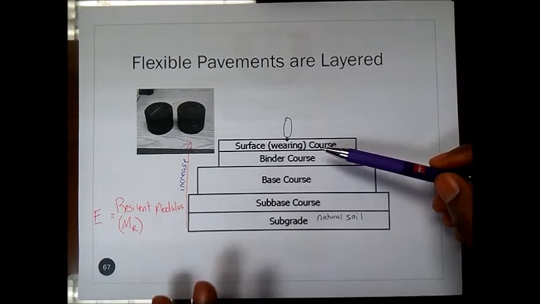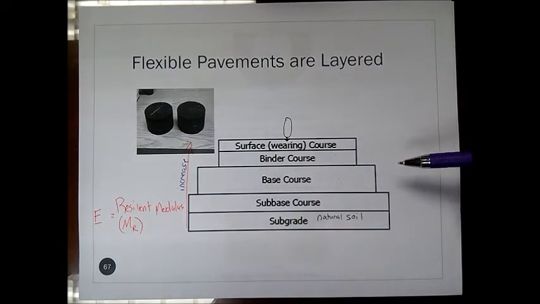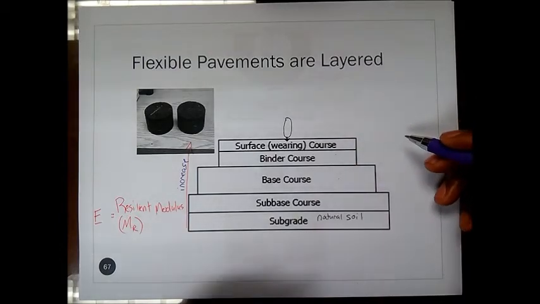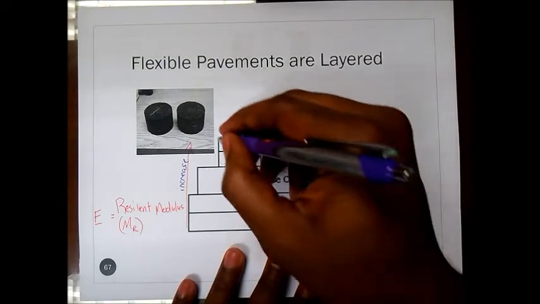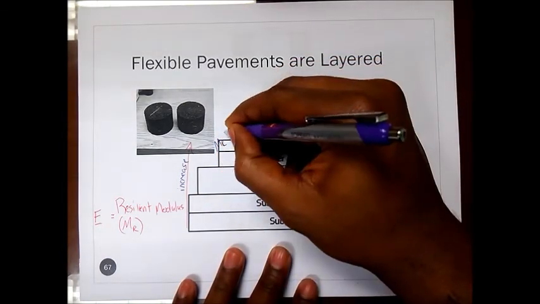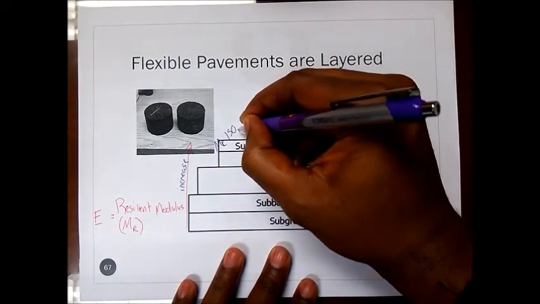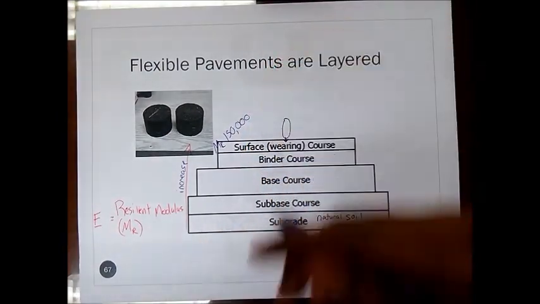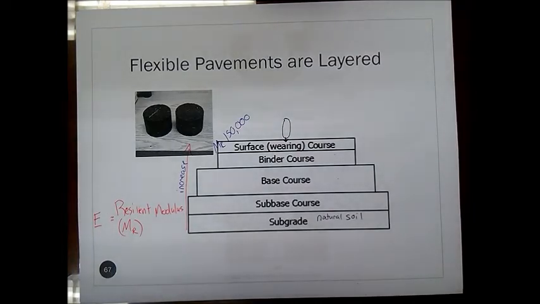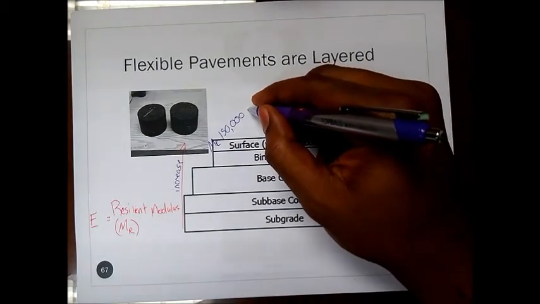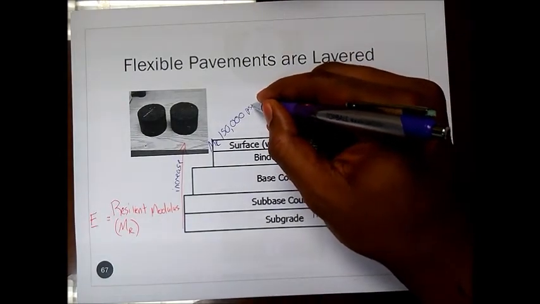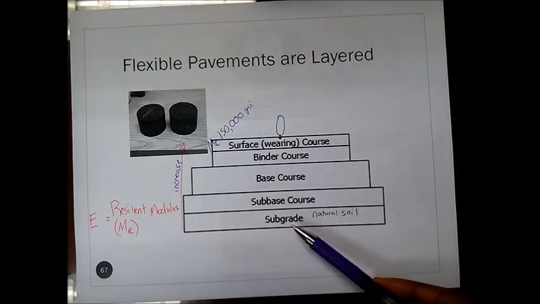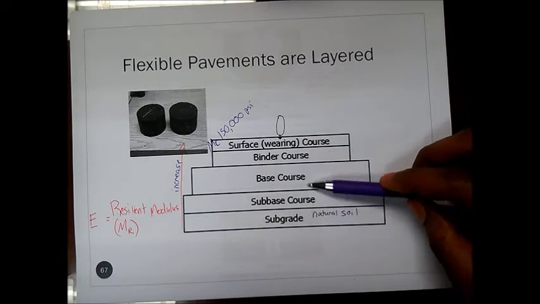And it's not uncommon to see a resilient modulus at the top layer equal to, I don't know, somewhere around 150, say 1,000 psi. Not uncommon. But down here, again, is what really is important, because this determines everything else.